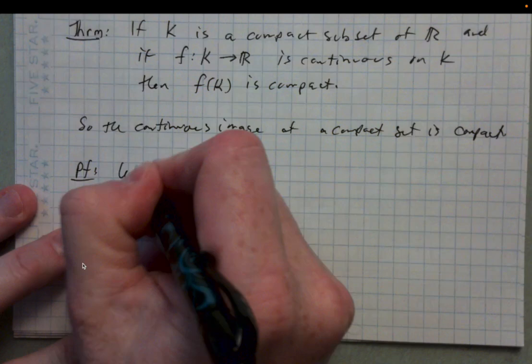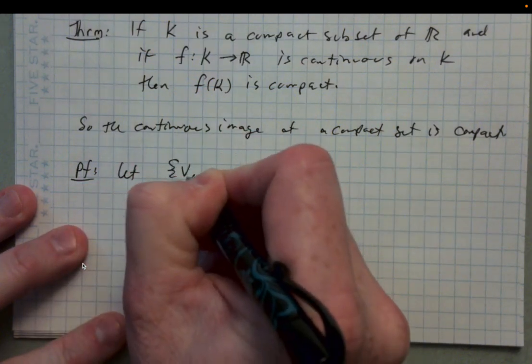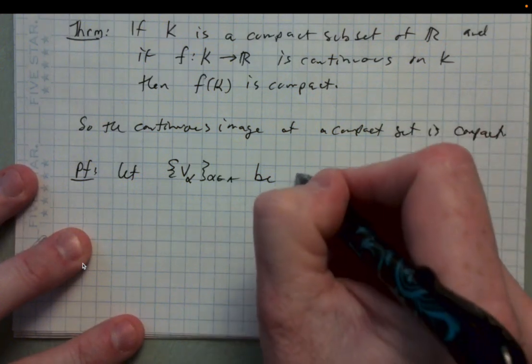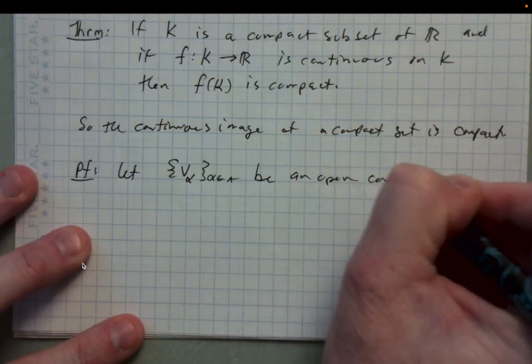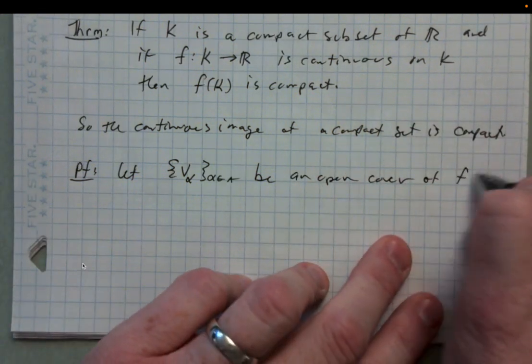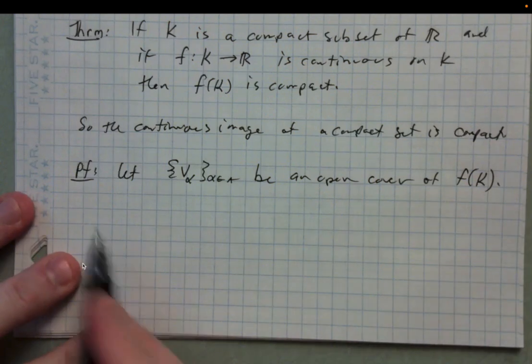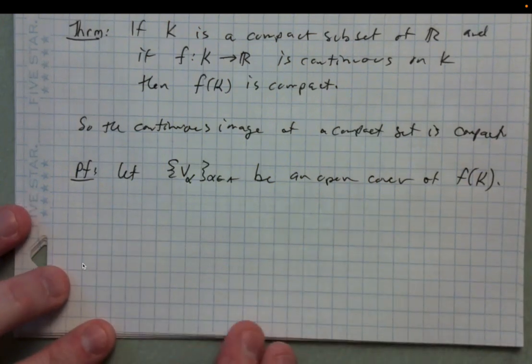And so let V sub alpha, alpha in A, be an open cover of f of K, right? So the image of K under f. And if this is an open cover, really to show that f of K is compact, we need to show that a finite subcover exists. Okay, so this is what we'll start with: the existence of some open cover here.